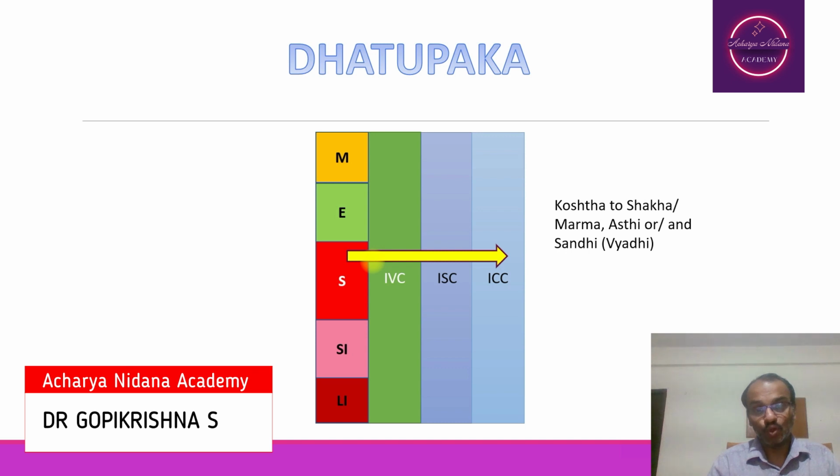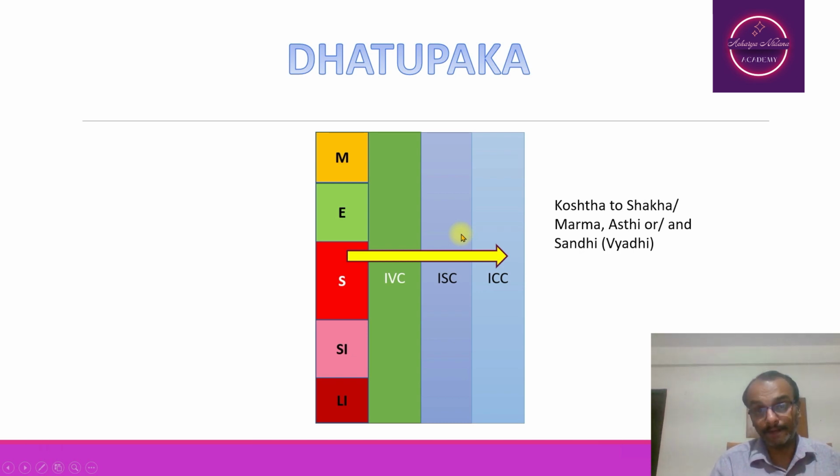From the intravascular compartment, they enter the interstitial compartment at the capillary level, and from there the doshas, or pathogens, enter the intracellular compartment.